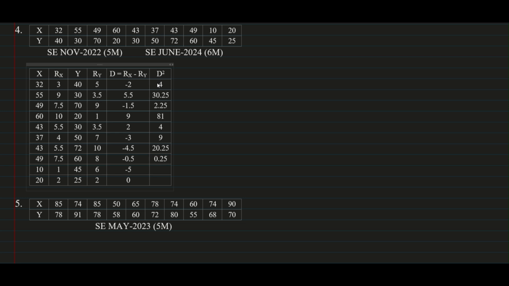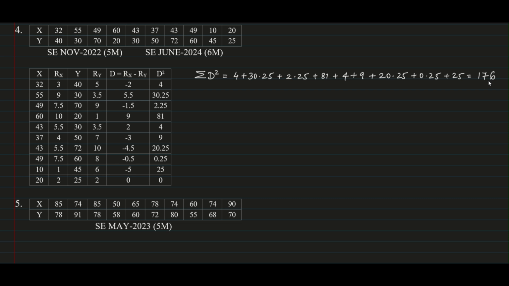Minus 5 square is 25. And 0 square is 0. Now the summation of d square is 4 plus 30.25 plus 2.25 plus 81 plus 4 plus 9 plus 20.25 plus 0.25 plus 25, which we calculate on the calculator as 176.